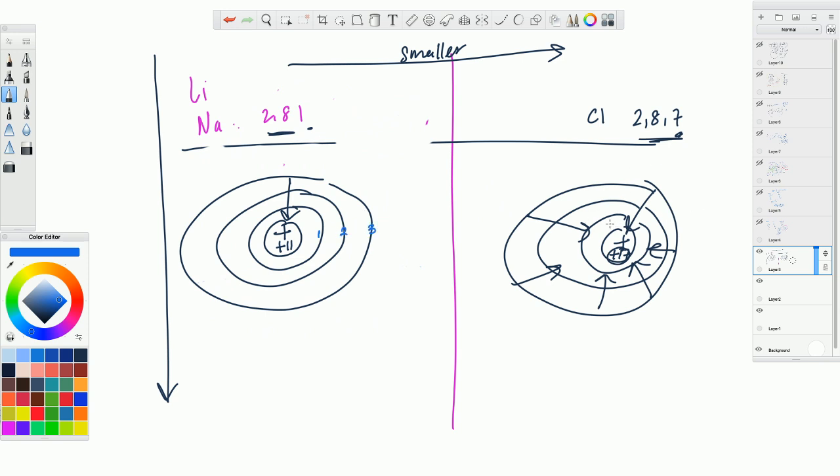Chlorine also 3 shells, 1, 2, 3. The difference is the size is smaller because positive 17, the nucleus has more protons, so there is more attractive force pulling in. Okay, so that's the difference between the sizes across the period and from up and down the same group.